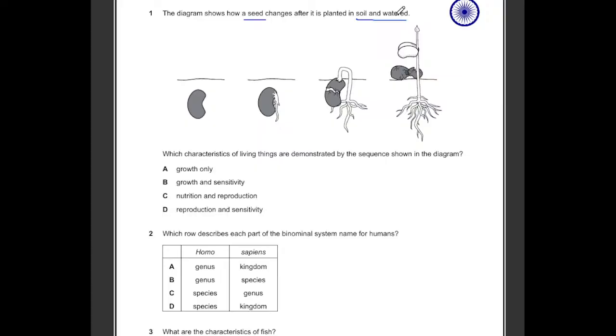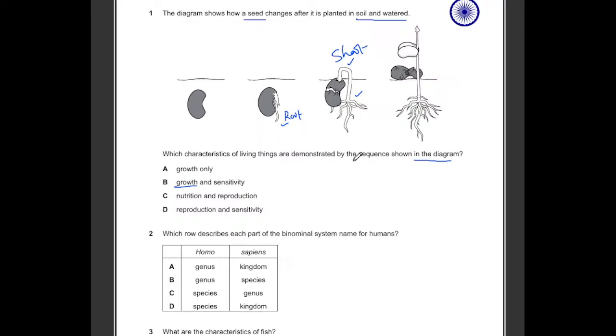Which characteristics of living organisms are demonstrated by the sequence in the diagram? So what is happening here? The germination process, and germination is showing growth. You can see the growth of the root taking place, as well as the shoot afterwards, right? So growth is one of the options.